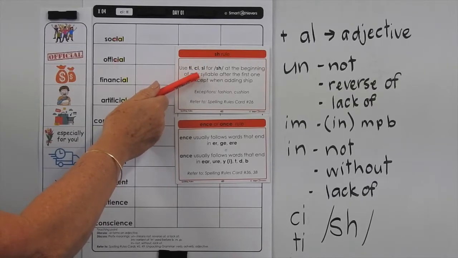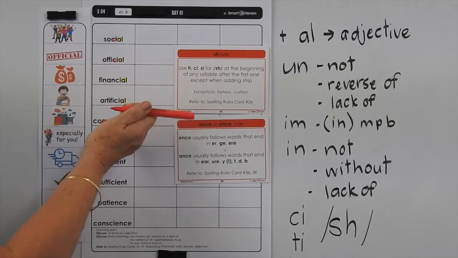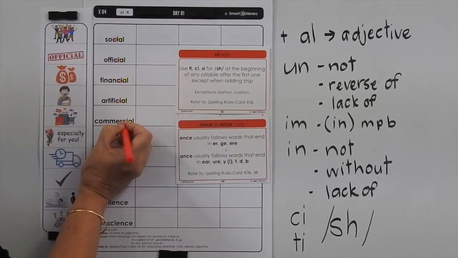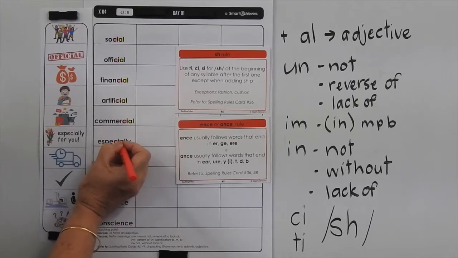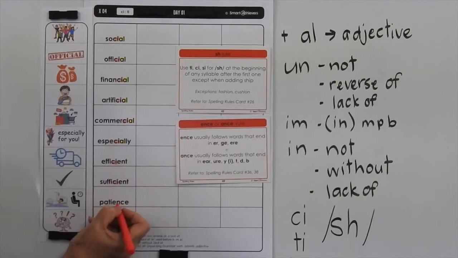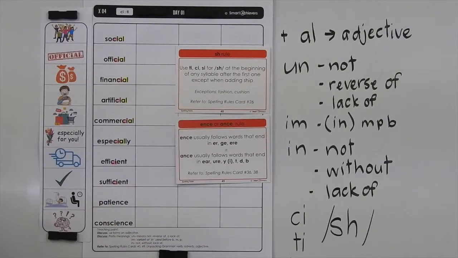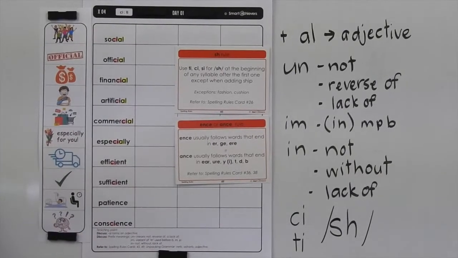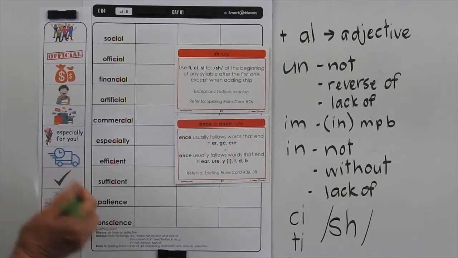And CE is, there's only ocean basically. So let's just go through and highlight that so you remember that you're using the CI in these words for the sh sound. And at the bottom, we've also just got one TI word, but we have done this fairly frequently before.